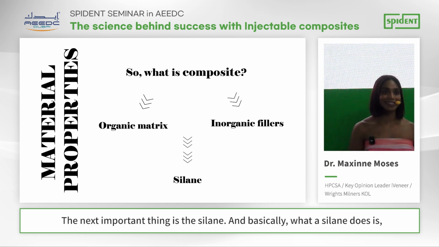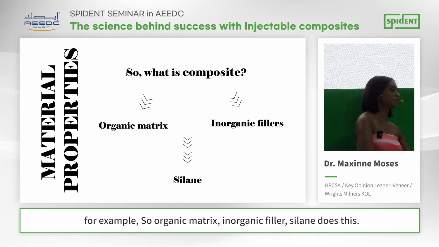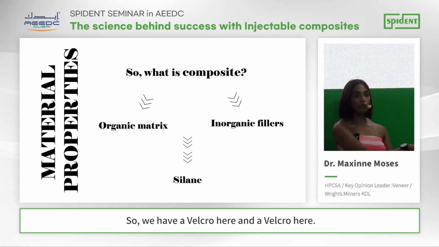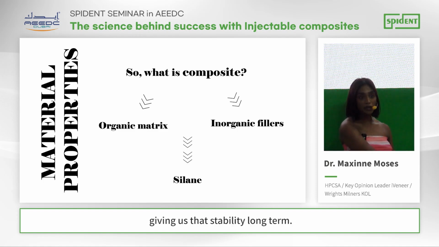The next important thing is a silane. Basically, what a silane does is, organic matrix, inorganic filler, silane does this. If we have a Velcro here and a Velcro here, it bonds. It's the molecular bond and bridge between the two things, giving us that stability long term.